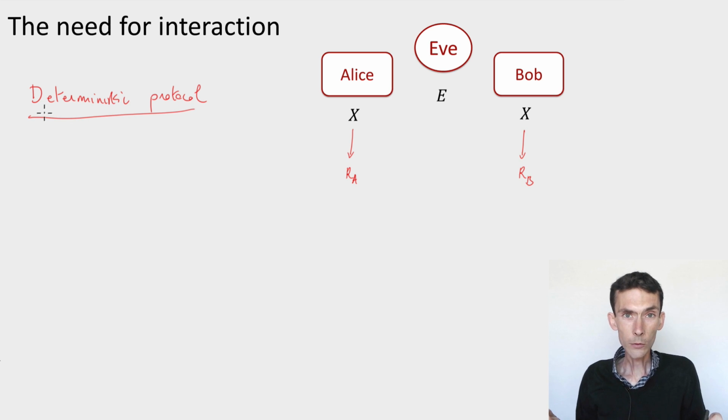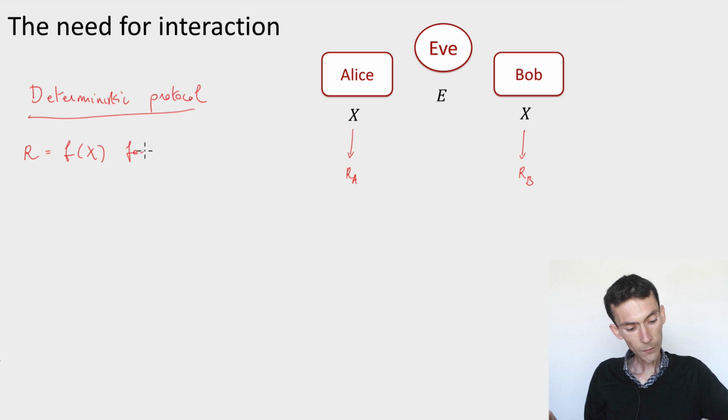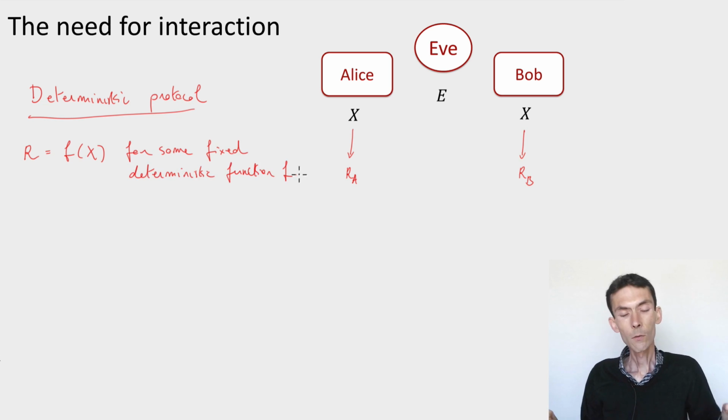For instance, if the eavesdropper has the first bit, we could say, well, let's just drop the first bit. The problem is, we don't know what information the eavesdropper has. So let's imagine that R is computed as a function of X for some fixed deterministic function f.